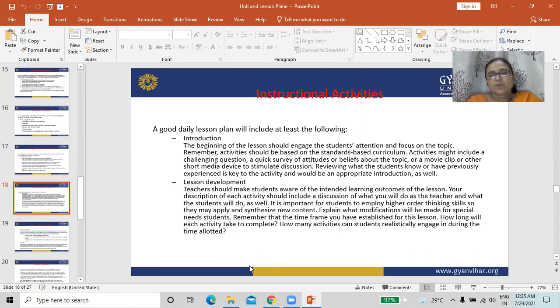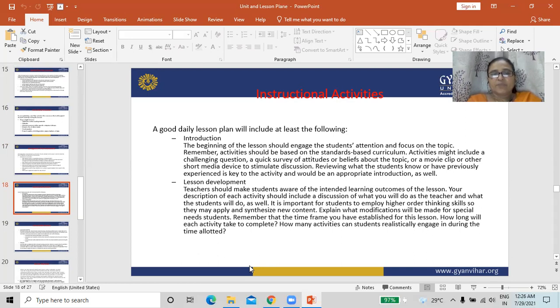Reviewing what the students know or have previously experienced is a key to the activity and would be appropriate instruction as well.